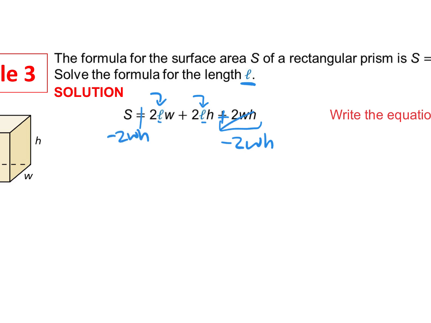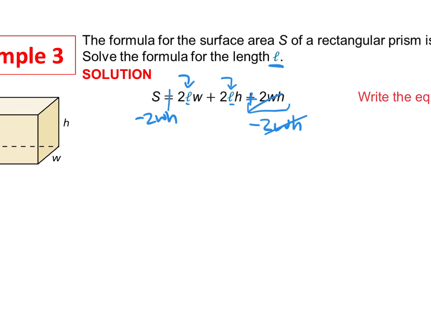Then 2wh minus 2wh goes away, and you get S minus 2wh equals, and then we're left with 2lw plus 2lh.